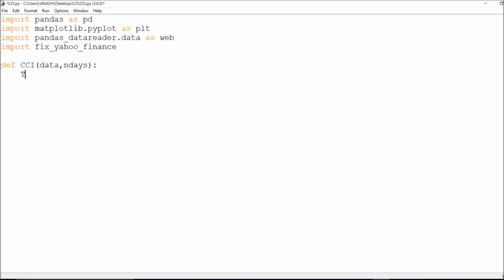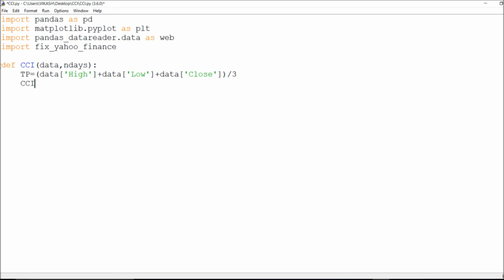I will say typical price equals data of high plus data of low plus data of close, and those need to be divided by 3, which gives the typical price. So the typical price is done.